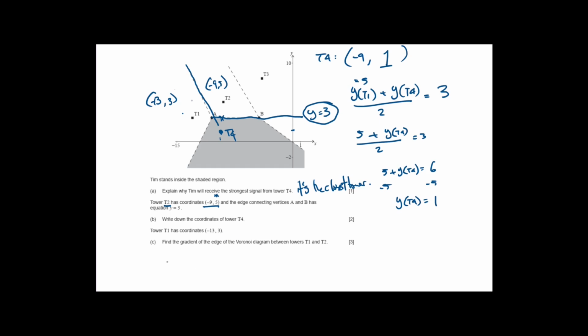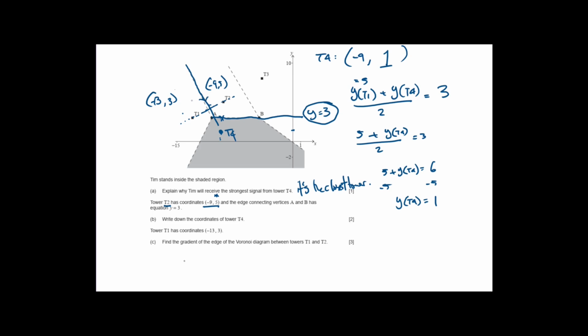Well, we know that the gradient of a line that goes between those two is delta y, y1 minus y2 over x1 minus x2. And we know that this line here is a perpendicular bisector. So if we can find this gradient, we can find this gradient straight away.